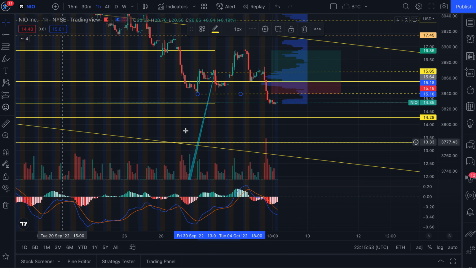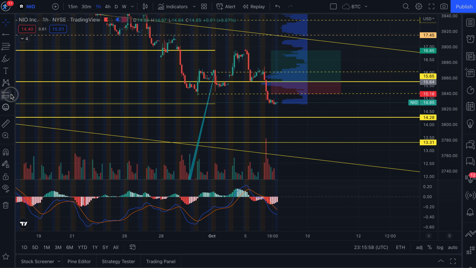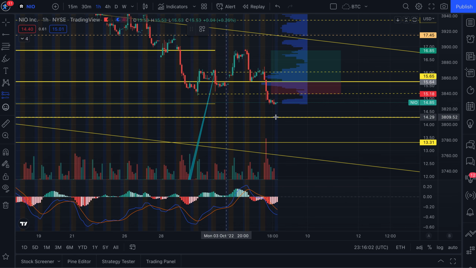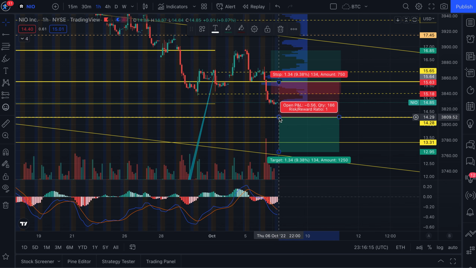And we're going to use a put play or a short position down here, and we're going to start it at our nearest support level. So we use the nearest resistance for the long play, and we're using the nearest support for the short play.